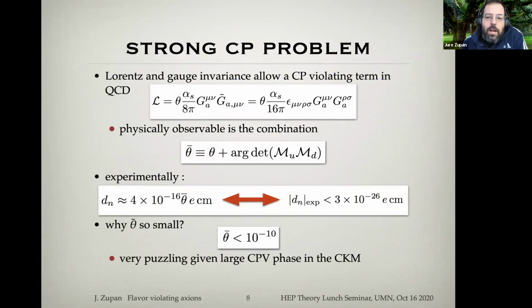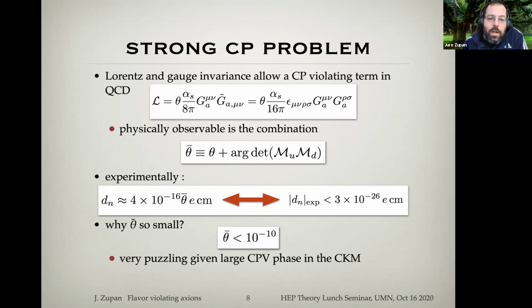All right, so the strong CP problem is the following. If I write down all the dimension 4 Lorentz invariant terms in the Lagrangian, there's a term that I can write, which is the G G tilde term. The theta value itself is not observable, but the quantity theta plus the argument of the determinant of the quark mass matrices is.